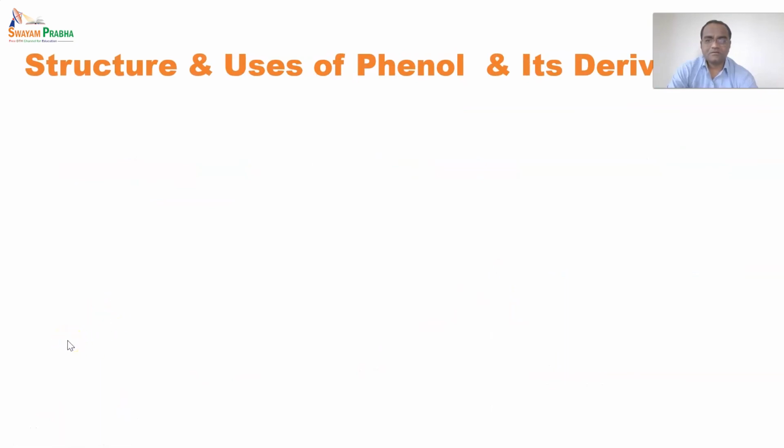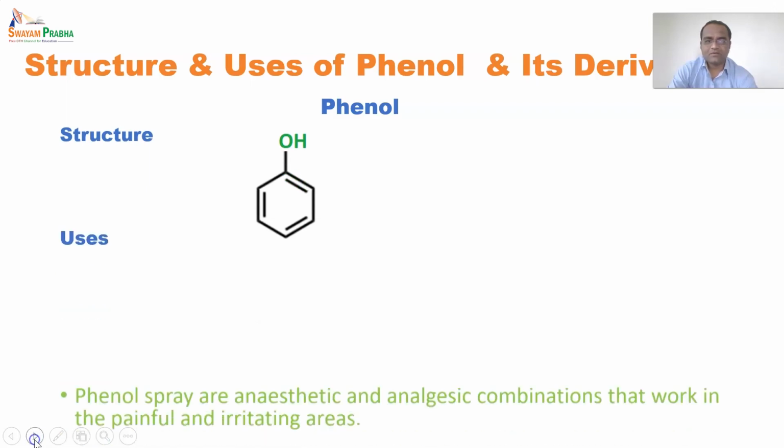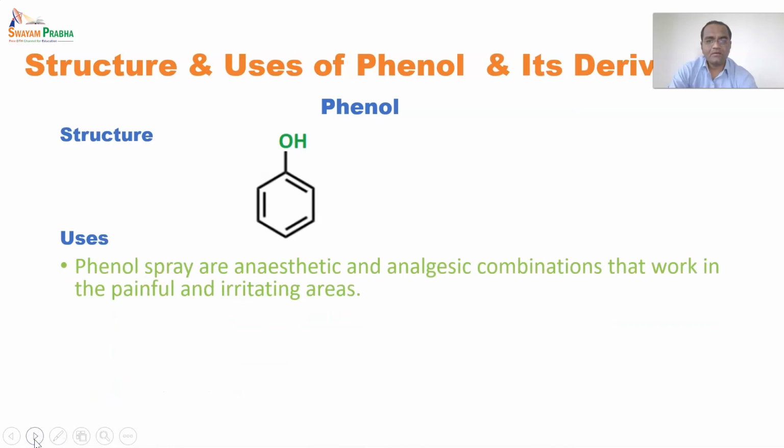Now we'll see structure and uses of phenol and some of its derivatives. Firstly, we will see the structure of phenol. Already we have seen the structure of phenol in many reactions. But what are the uses of phenol? The first use: phenol spray is an anesthetic and analgesic combination that works in painful and irritating areas.